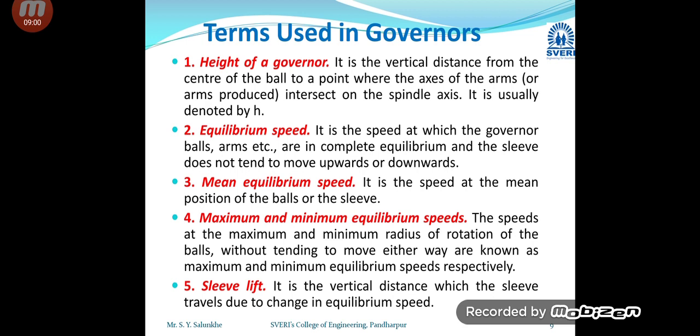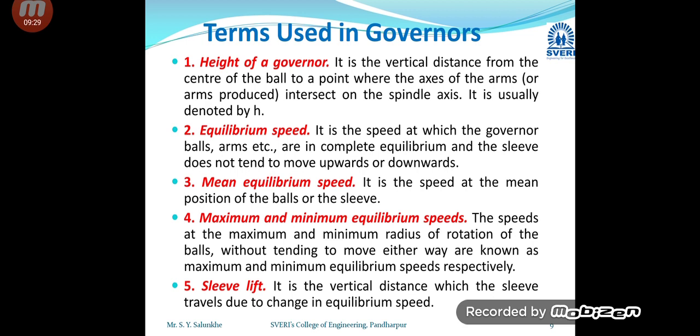In the previous diagram which we have seen, the arms do not always intersect directly on the spindle axis, but we have to extend them, or there may be an extended part of that arm, but we have to consider the point where the arms intersect on the spindle axis. It is usually denoted by H.